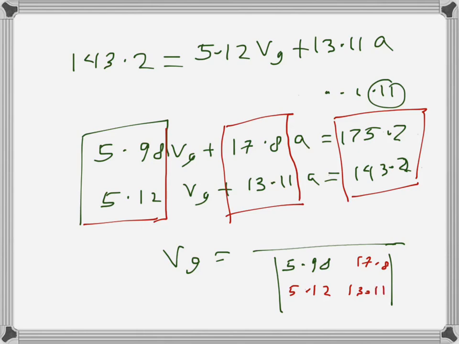13.11. It will be the same for both, and the numerator, since we are trying to find Vg, will be 175.2 here and 143.2 here, and here we will have the same thing as the denominator, that will be 17.8 and 13.11.